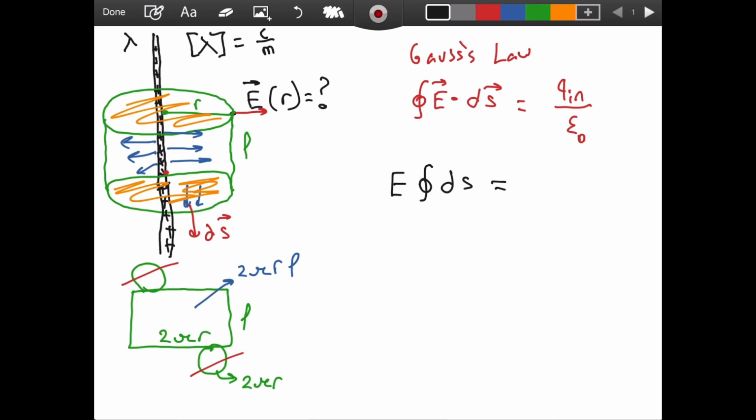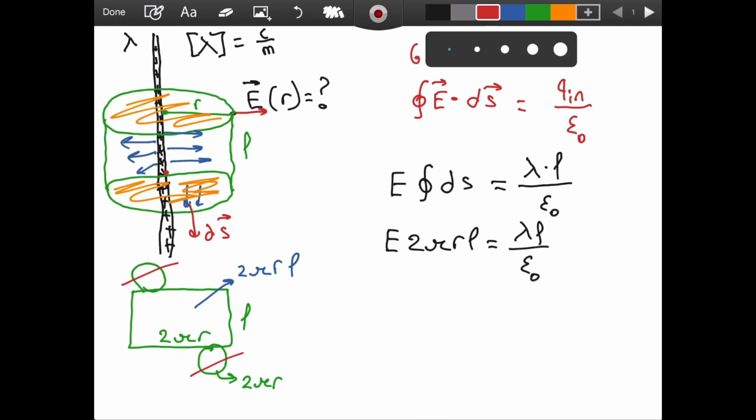It is simply the charge density times the length, right? If you refer back to the definition of lambda that we made here, you can understand how this is correct. Then we divide by epsilon naught. Now we have E times the closed surface integral of dS, which simply gives us the whole surface area that we just computed to be 2 pi r L, equal to lambda L over epsilon naught.